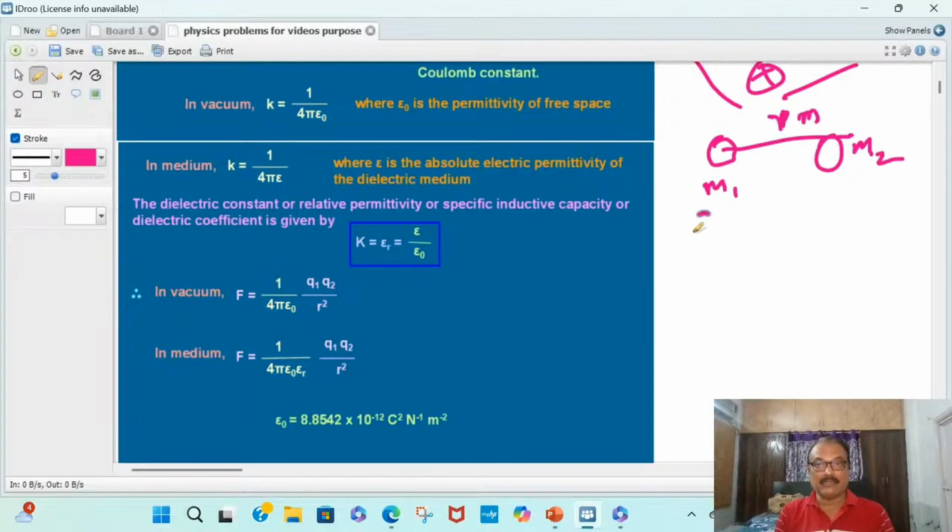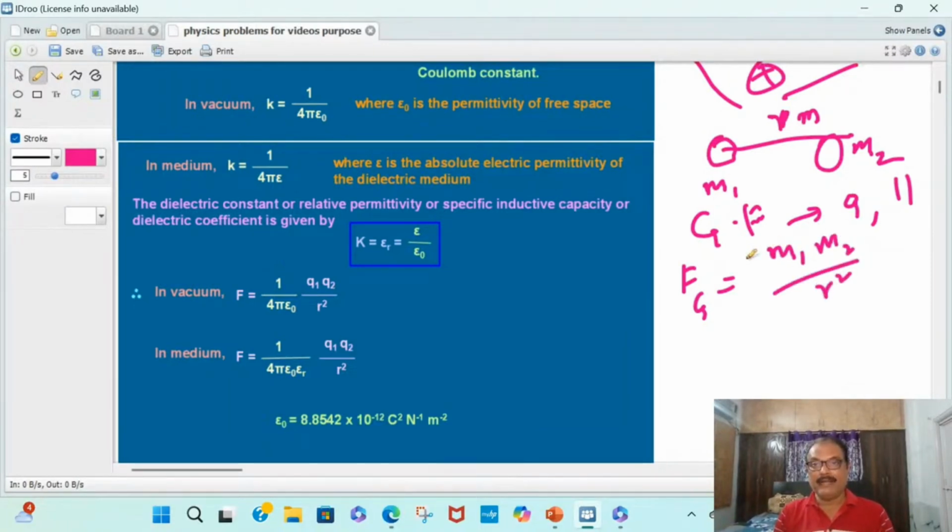We know gravitational force from your ninth class and also the 11th class. So what is the force of attraction between the two bodies? It is equal to G m1 m2 divided by r square, where G is the gravitational constant.